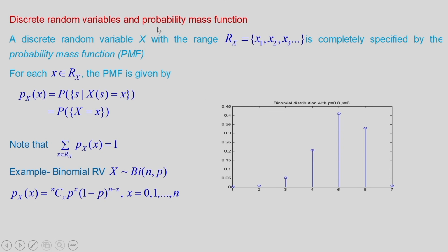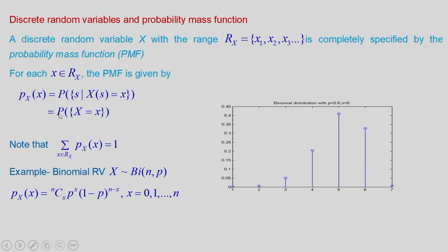We may have simpler descriptions. For example, in the case of discrete random variables, we have the probability mass function. A discrete random variable X with the range, because discrete means its range comprises discrete points, is completely specified by the probability mass function. What is the probability mass function? We use the symbol small p_X(x), that is equal to probability of those s such that X(s) is equal to small x.